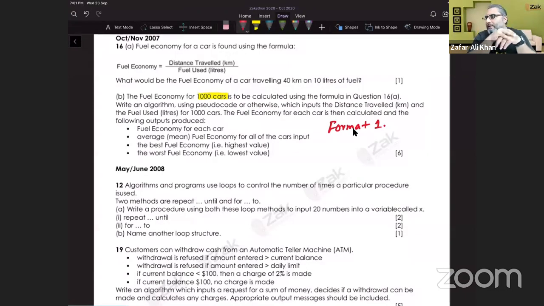Let me make it very clear. If there is only one input, it will always be format 1. No, not one input, one number. Input may be several. One number, 1000 cars, 300 students, 500 countries. For every country, you would have to take input. That may be any number of inputs. So it is not one input, it is one number. Now pay attention to these questions.